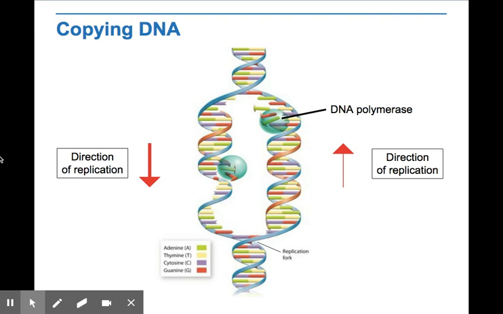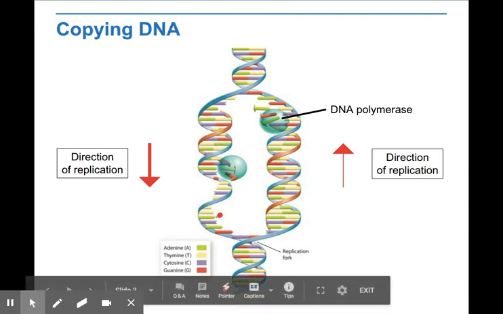Each DNA molecule resulting from replication has one of the two original strands and one new strand. When this DNA is replicating, you'll get two totally new DNA molecules, but they still look exactly the same as our original molecule. Here's going to be one of the two new DNA molecules, and this will be the second new DNA molecule.